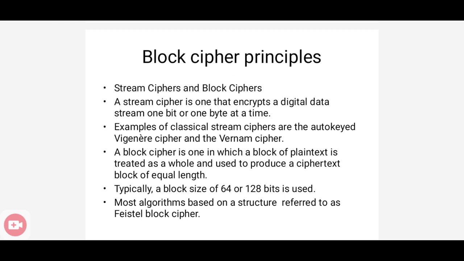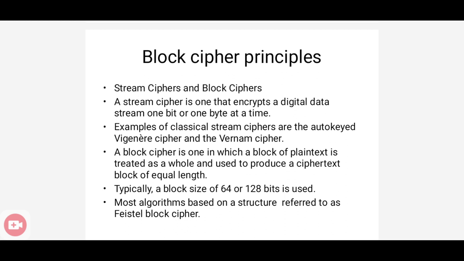Generally, in the block cipher method, block size is 64 or 128 bits. Most block cipher algorithms are based on the Feistel structure. The Feistel structure is a structure of encryption and decryption proposed by the scientist Feistel.